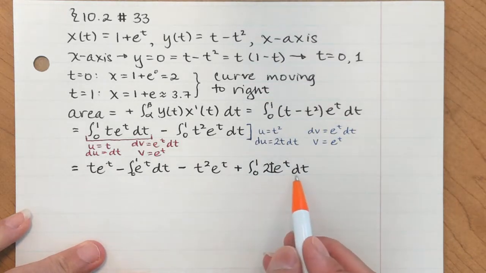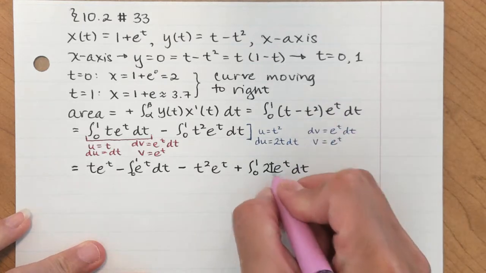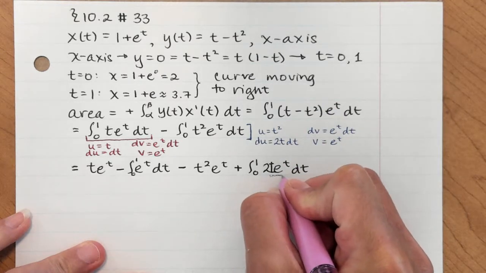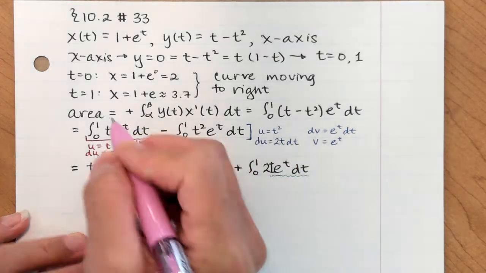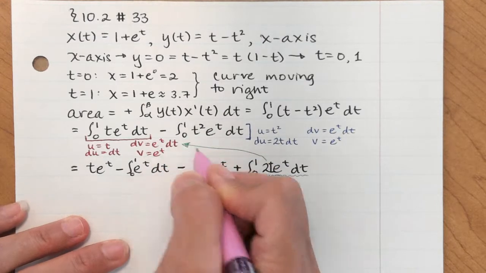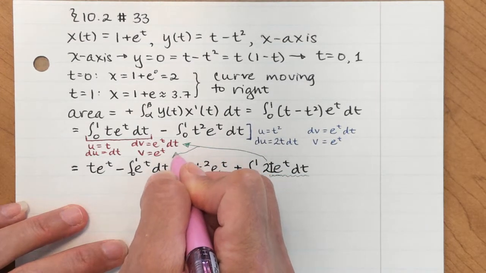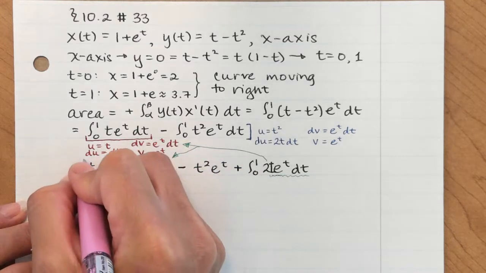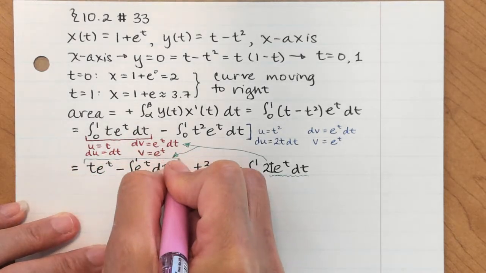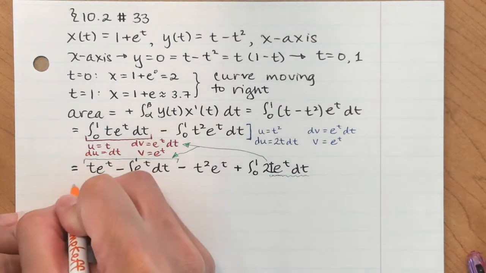So while it does seem like we might need to do integration by parts all over again, this integral of t e to the t dt, well, that's the same thing we had in the first integral. So we can just use the work that we've already done right here and plug that in instead of redoing an integration by parts. So let's see what we have.